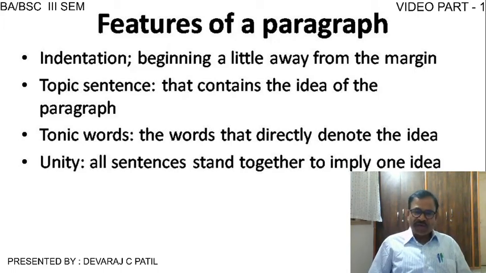If there is no coherence, comprehension becomes very difficult, and the ideas become very vague and haphazard, and that is the bad quality of a paragraph. That's why all sentences stand together to imply an idea. How can they stand together? They can stand together with some logic and some coherence.